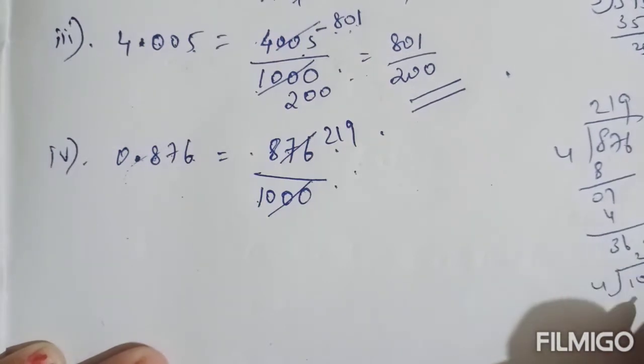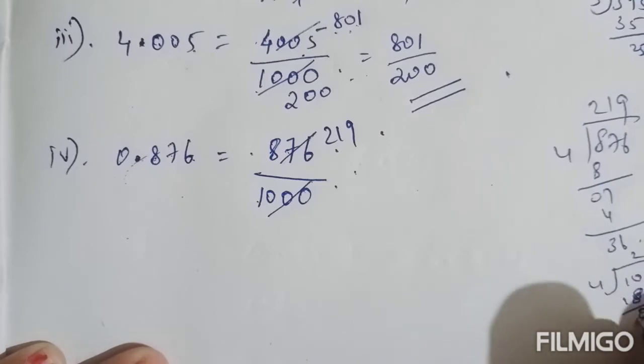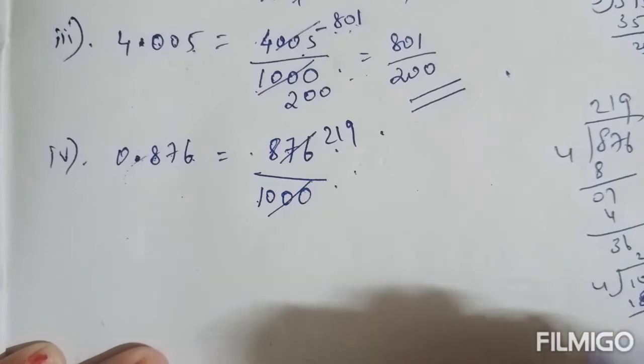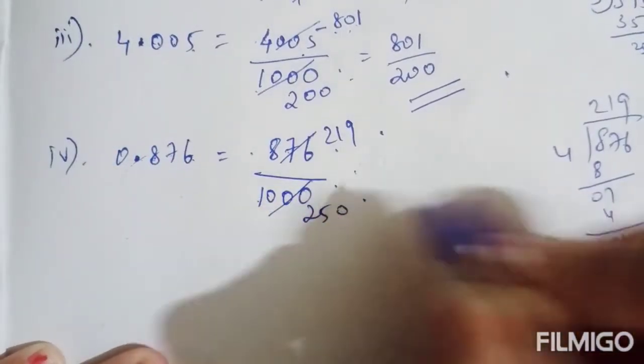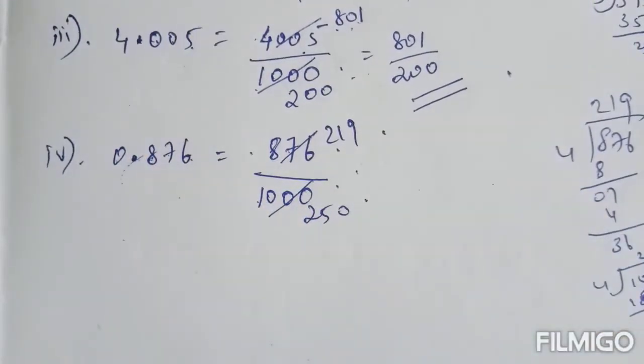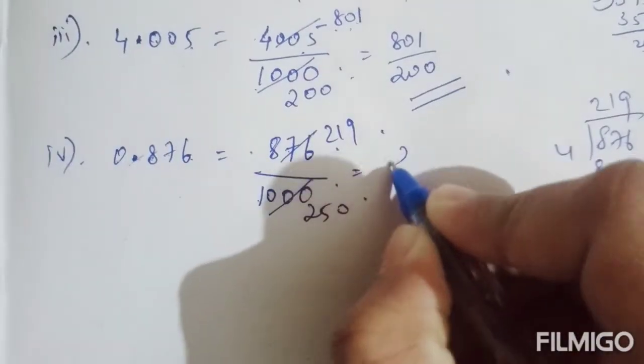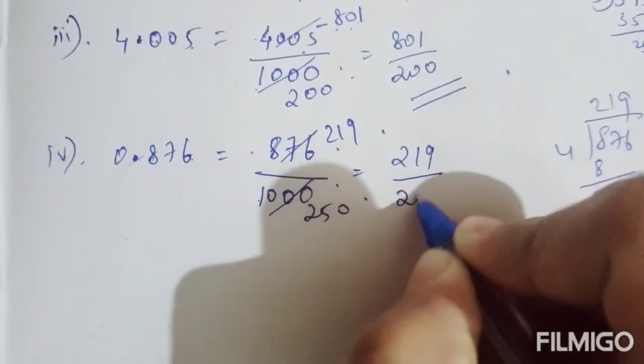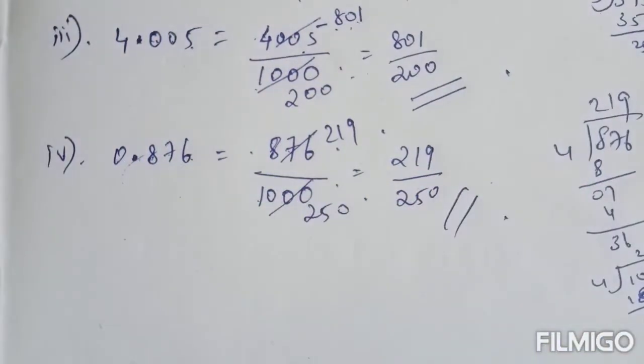You will get 250. So 219 by 250. That will be the lowest term. 219 by 250.